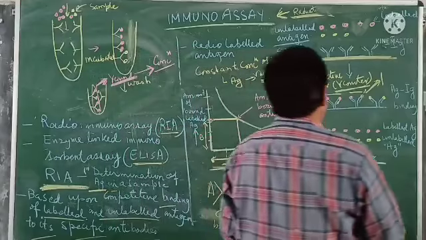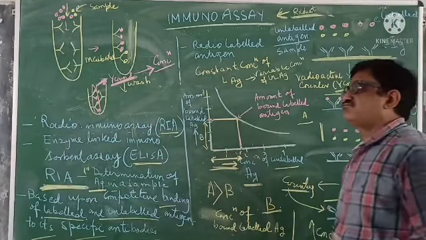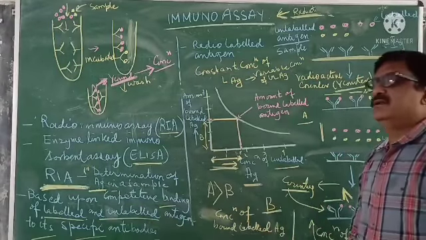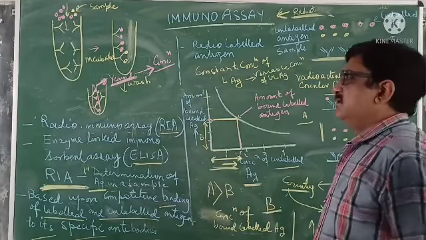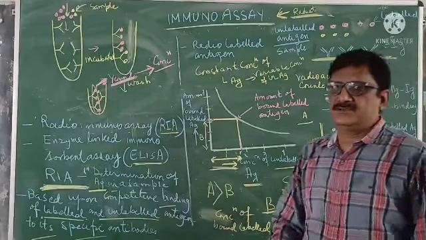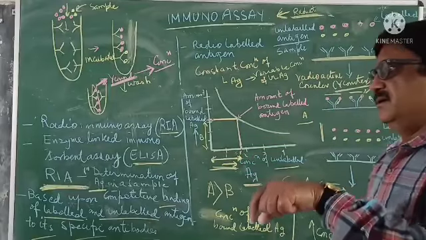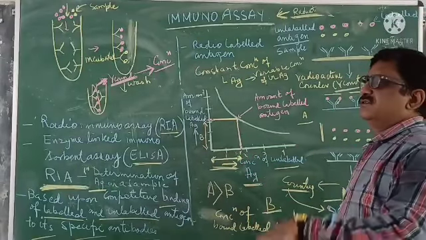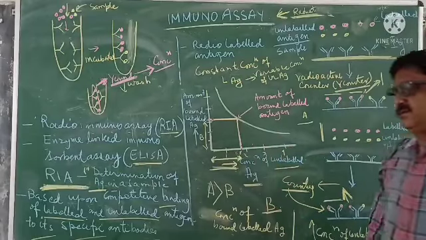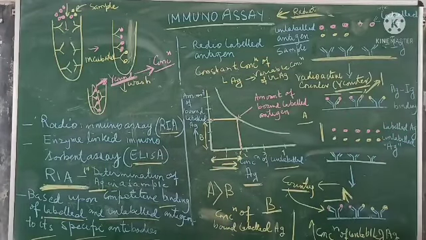So this is the way of calculating the amount of unknown, unlabeled antigen in a sample. Unknown means the quantity is not known. We are analyzing the presence of a particular type of antigen in the sample, both qualitative and quantitative analysis.